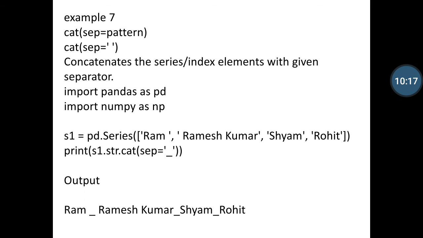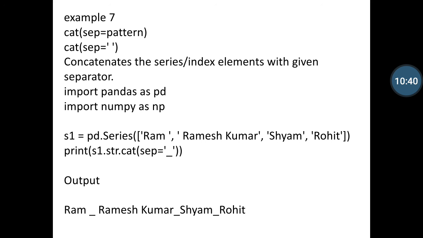In example 7, I am defining the cat method, the concatenation of a series or elements using a separator. So I am importing both libraries and creating an s1 series with pd.Series and putting the values Ram, Ramesh Kumar, Shyam and Rohit as before.